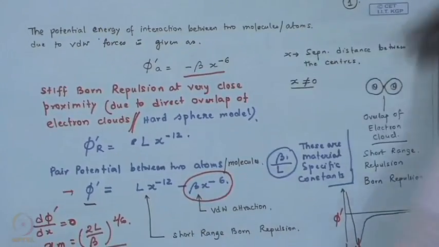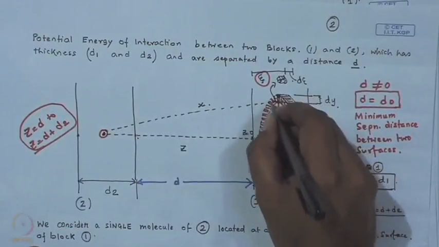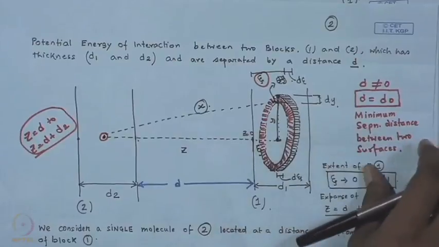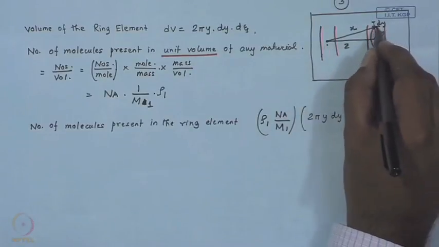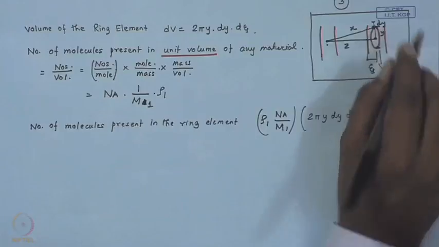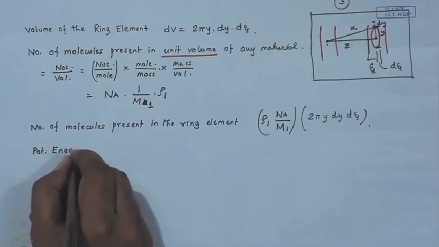So, any molecule we consider which belongs to this ring is at a separation distance of x. So, the potential energy of interaction between this particular molecule and any molecule present in this ring is, I will write it down without using any symbol.